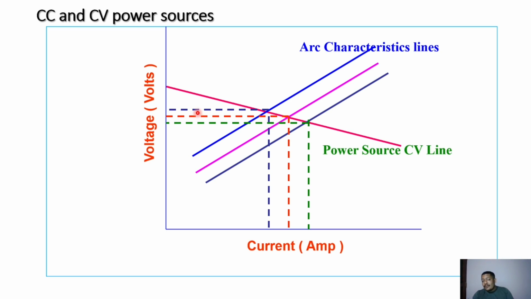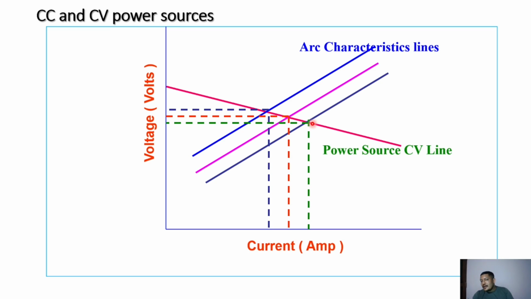When the change in voltage is very minimum compared to the change in the current, that is called a constant voltage power source or CV power source. Most of your MIG welding, for your metal inert gas welding process, you will be going for a CV power source.